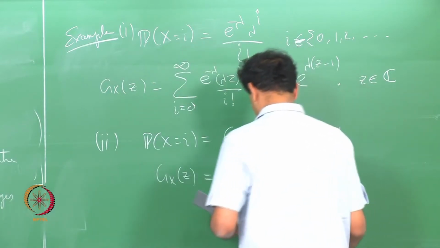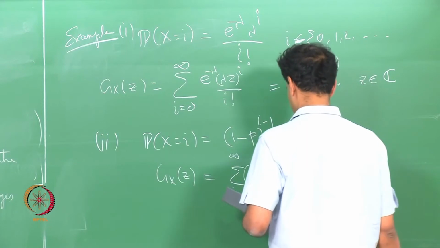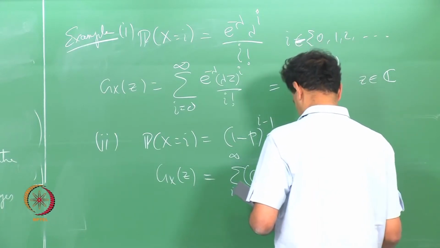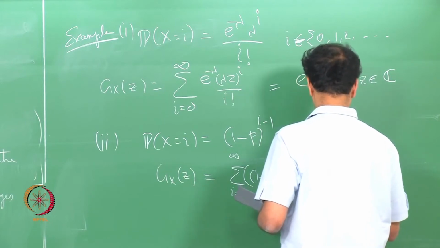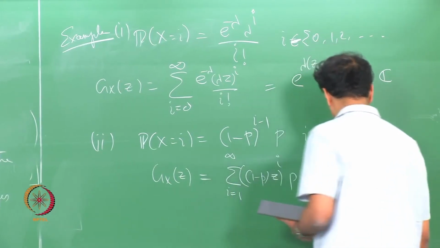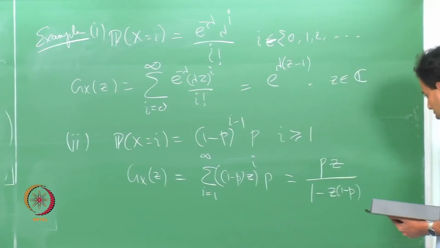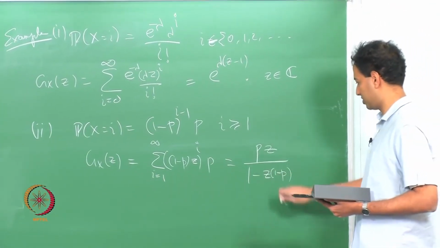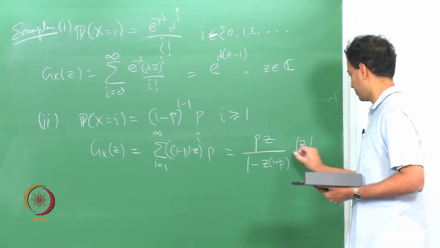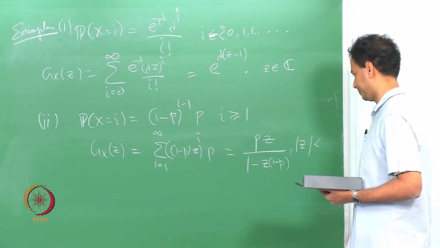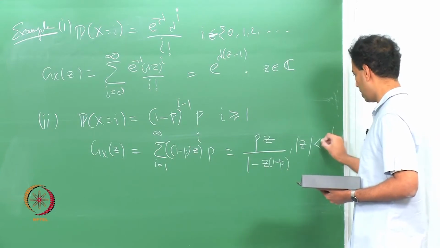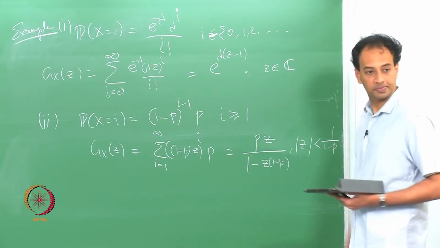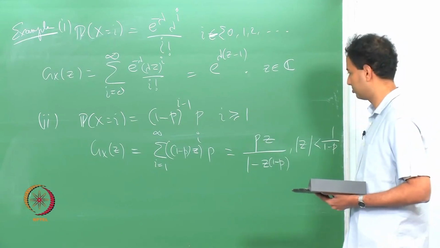So, that is equal to p z over 1 minus 1 minus p times z, and that holds for absolute value of z less than 1 over 1 minus p, correct.